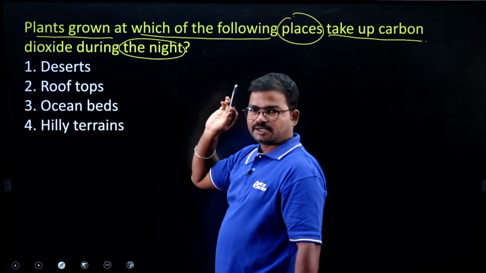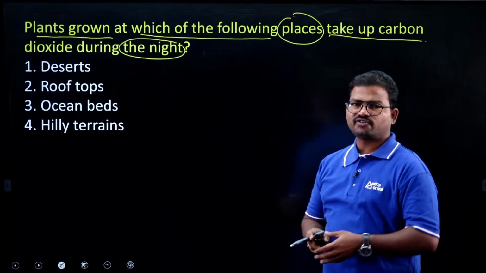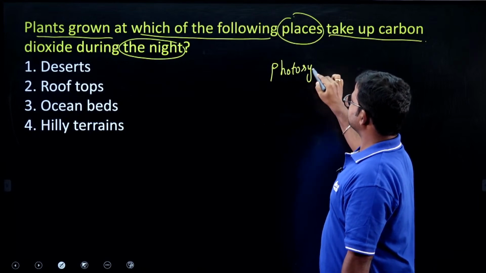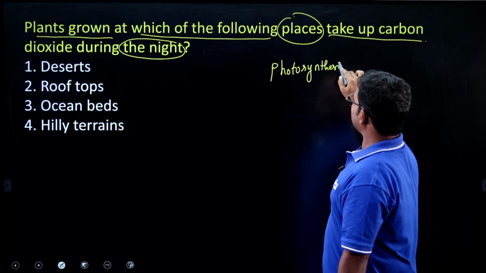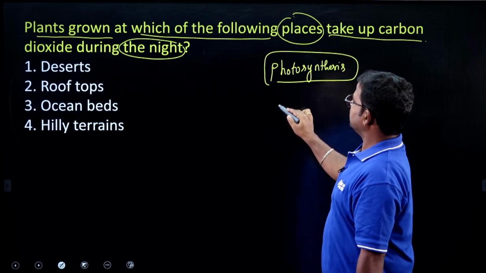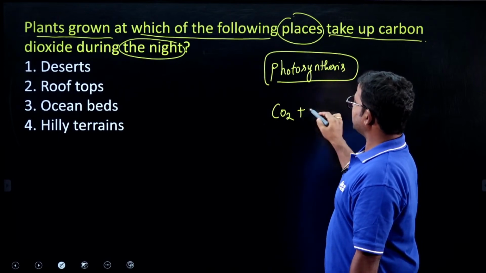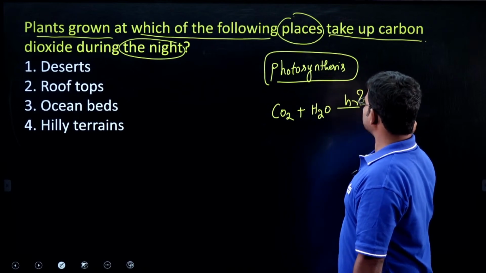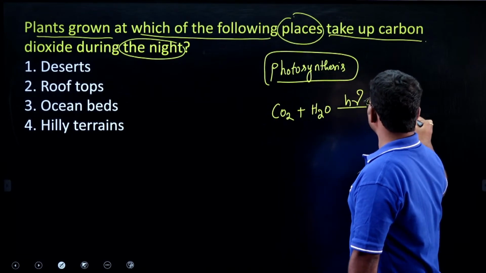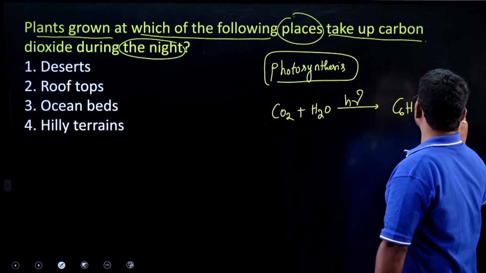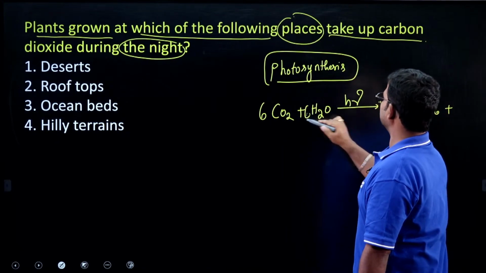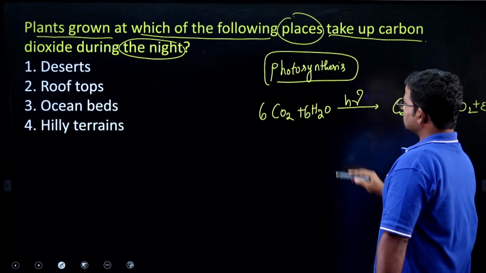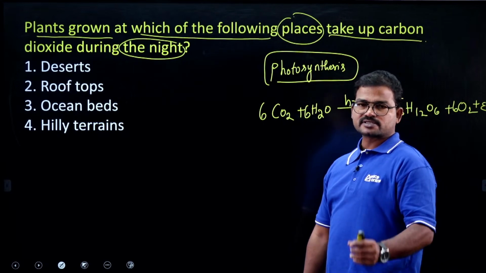Actually, in daytime, if you consider the photosynthesis process, carbon dioxide and water are absorbed in the presence of sunlight and form carbohydrates. Along with that, we also get oxygen and some amount of energy. So mostly we observe the photosynthesis process in daytime.